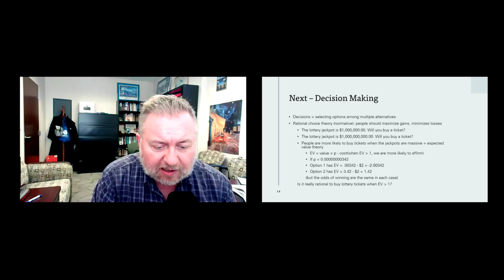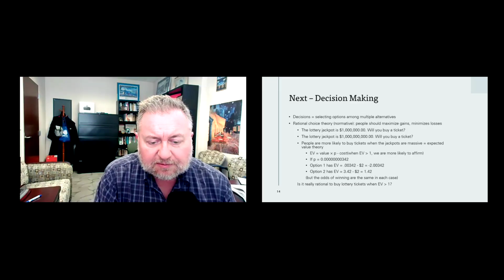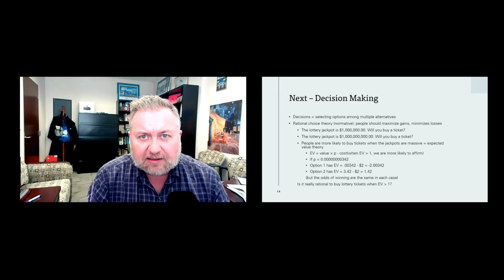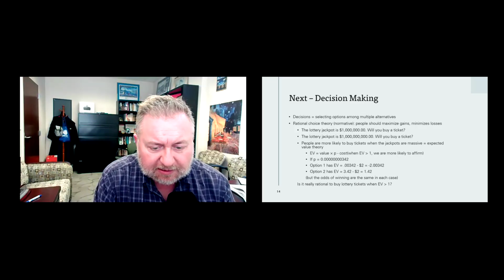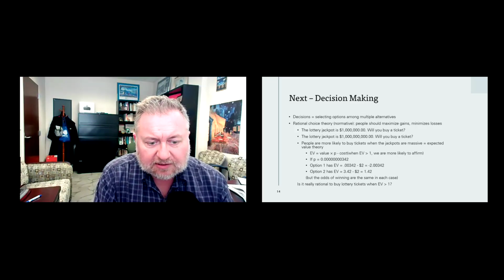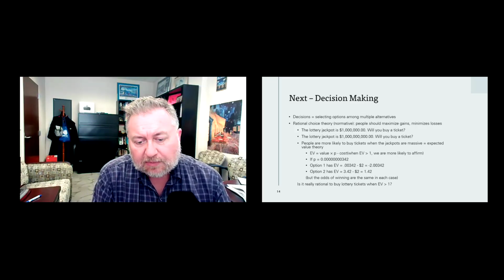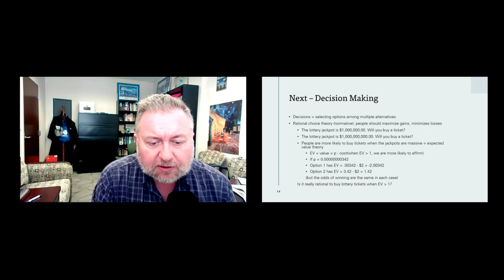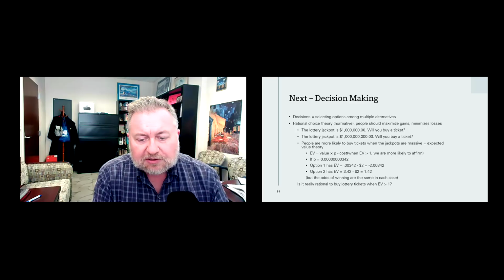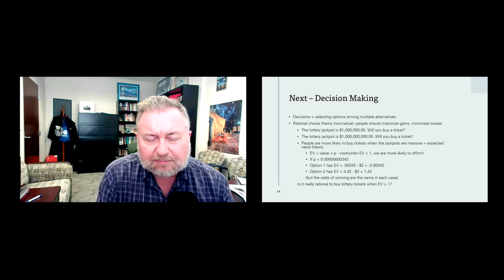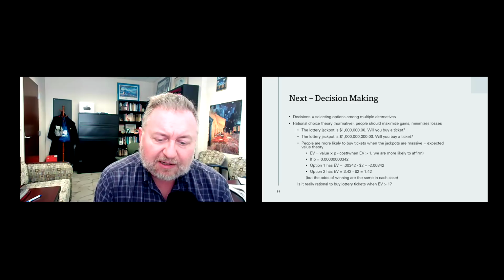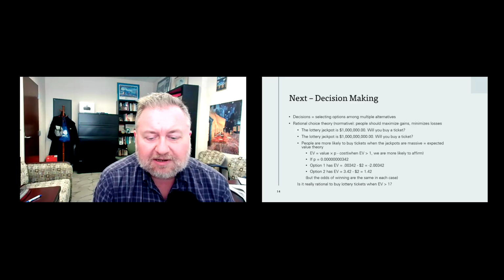So now down here, option one has the EV of 0.00342, right? So we moved that decimal point over a little bit there when multiplying times a million. And that gives us our value times P, right? And then we have to subtract from that the $2 cost of the ticket. And so we end up with an expected value of minus 2.00342. So what this is basically suggesting is that my expected value of buying this $2 lottery ticket is losing $2, right?